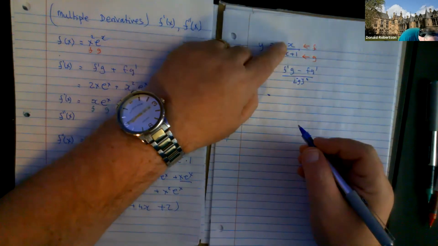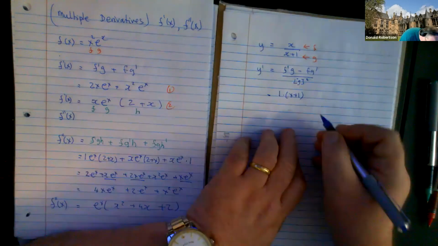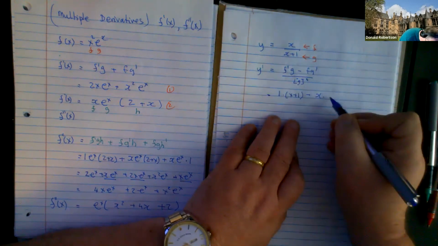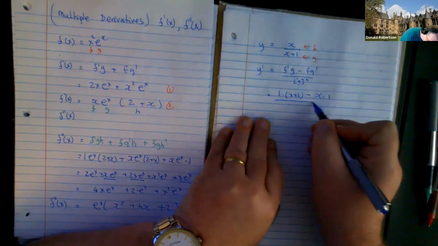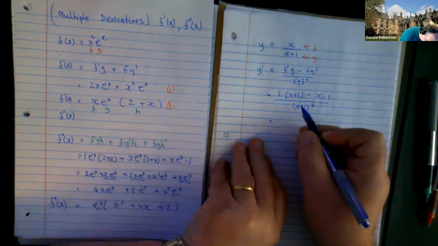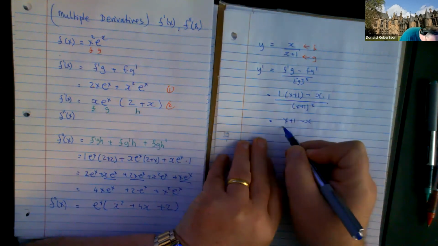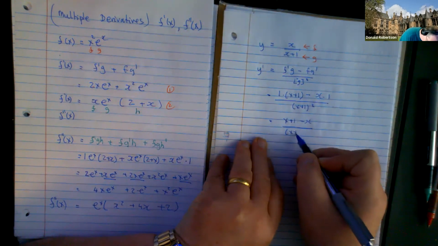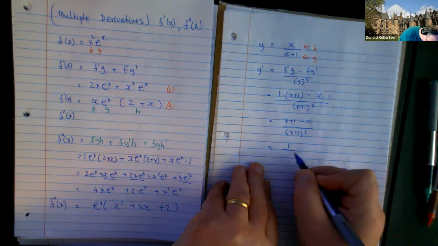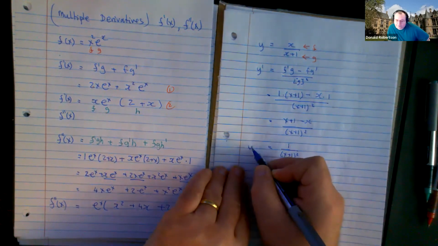If you differentiate the top, you get 1, leave the bottom alone. Take away, leave the top, differentiate the bottom, all over x plus 1 squared. And this guy here is x plus 1, take away an x, over x plus 1 squared. And the x's cancel. And there is our first derivative.